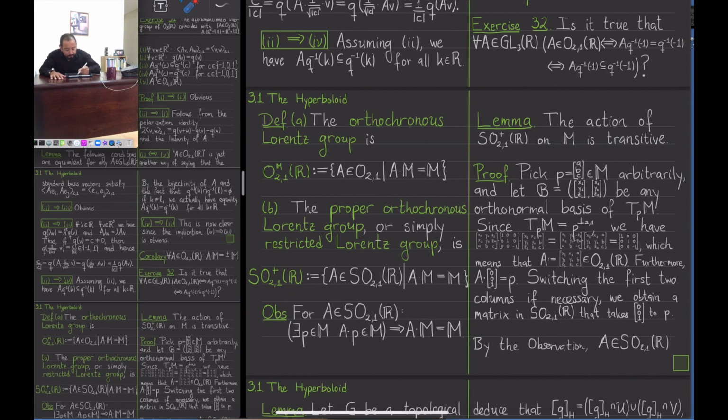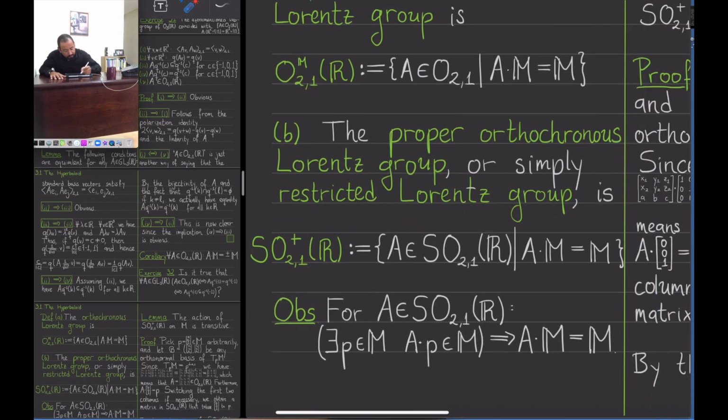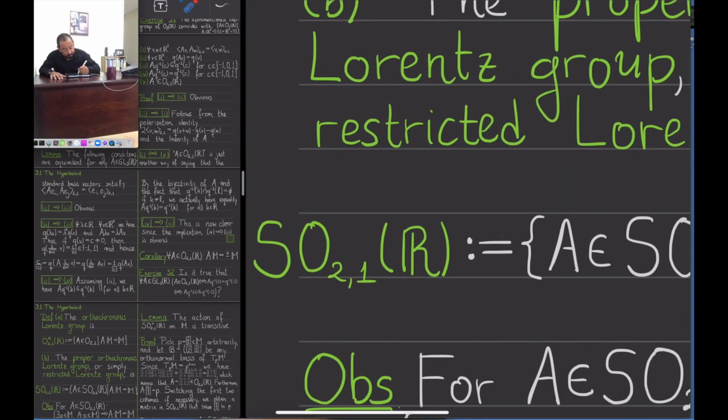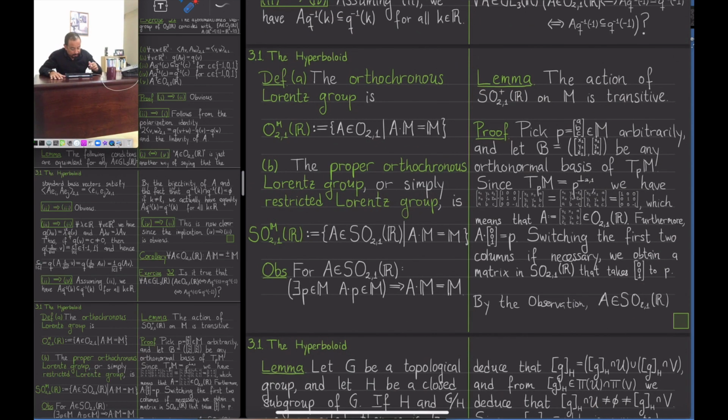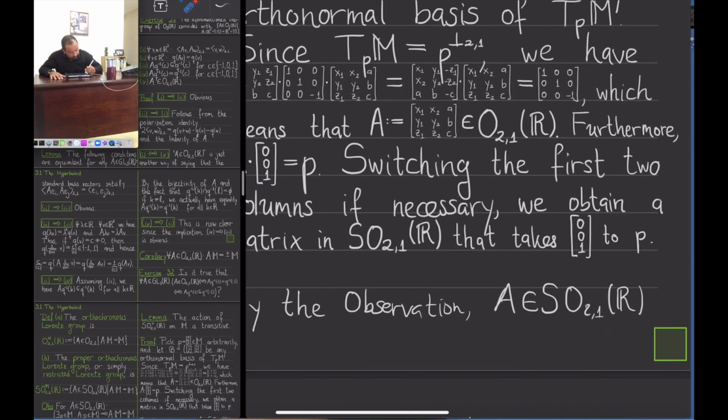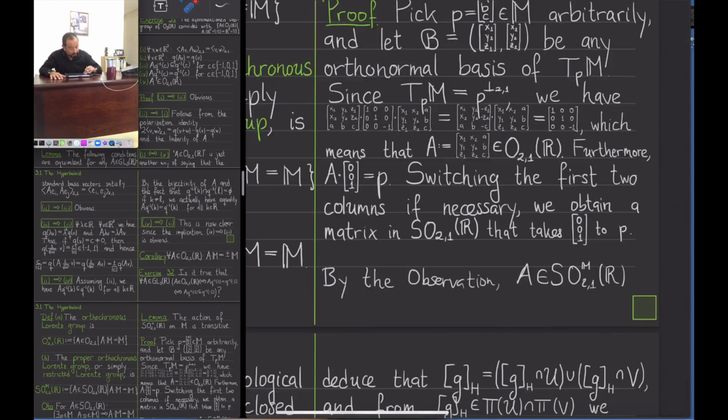Here, sorry, I should also say, because you see, this one refers to determinant +1, and this plus actually refers to preserving M. So let me do that as well here. Which means that here I have to write.